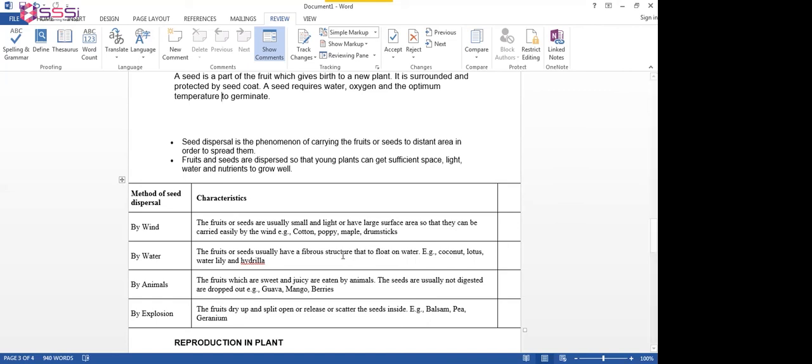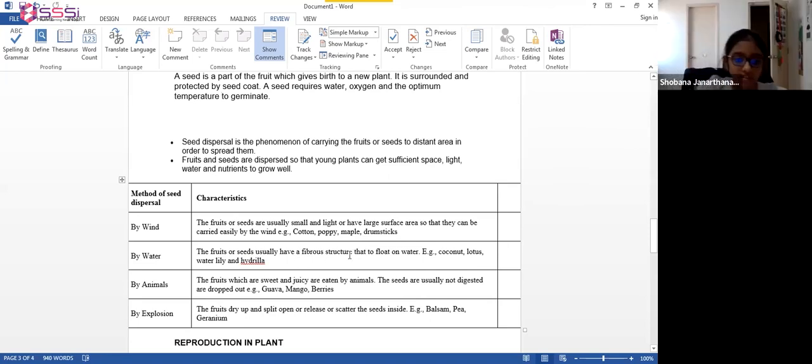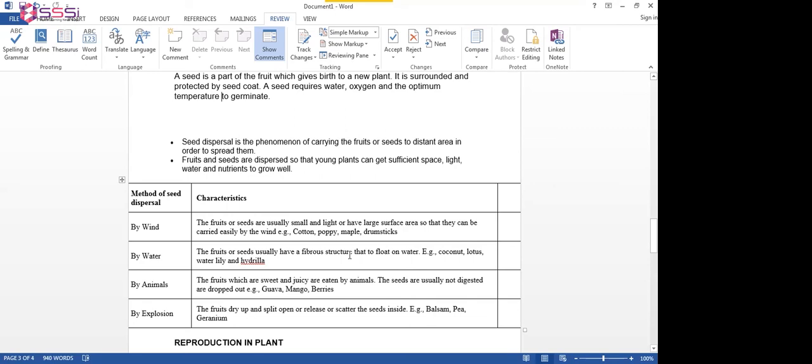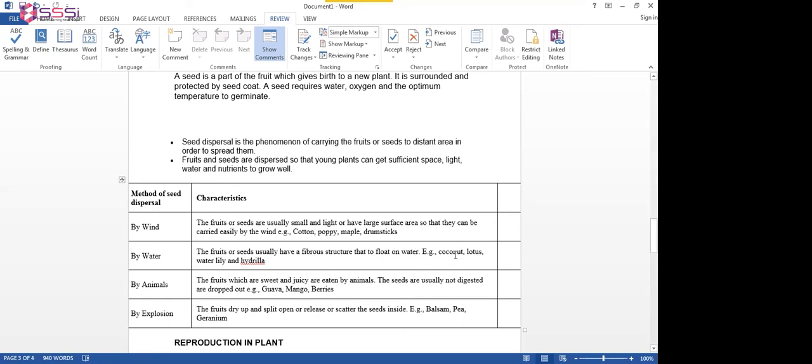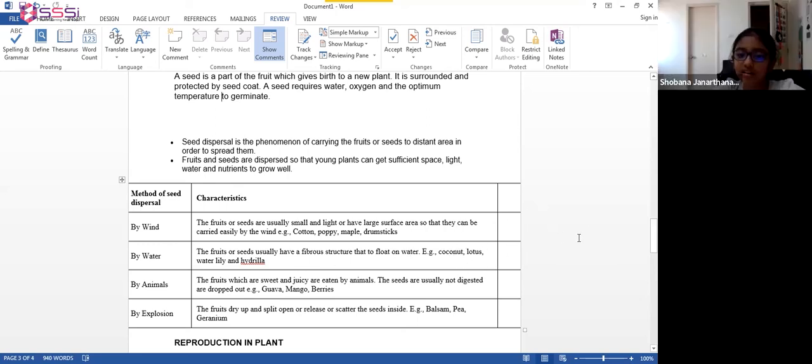So the seed would be fibrous. It is not heavy. It means that it won't immerse in water, and it will float on water. For example, like coconut, the outside of the coconut is very light, right?